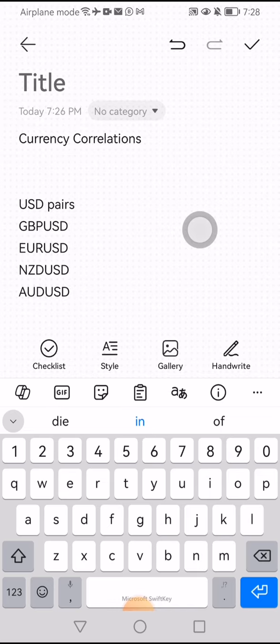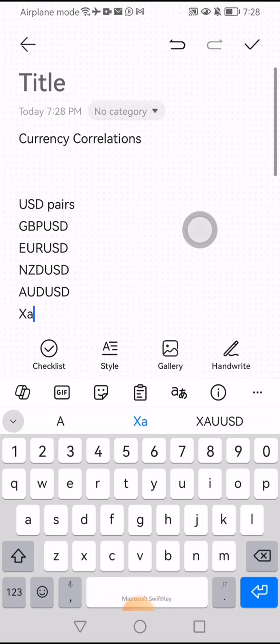GBP USD is going to buy, EUR USD is going to buy, NZD USD. And if we have a strong dollar, all these are going to sell. They are positively correlated, meaning they move in the same direction. A strong dollar, they'll all sell. A weak dollar, they'll all buy.